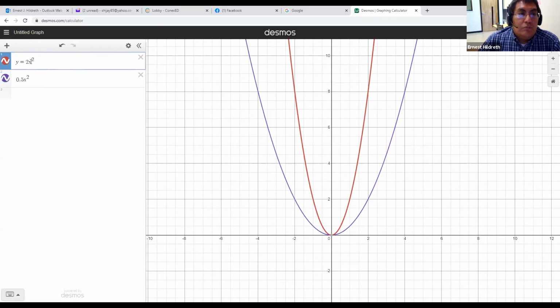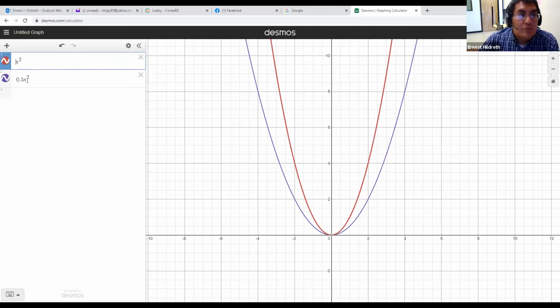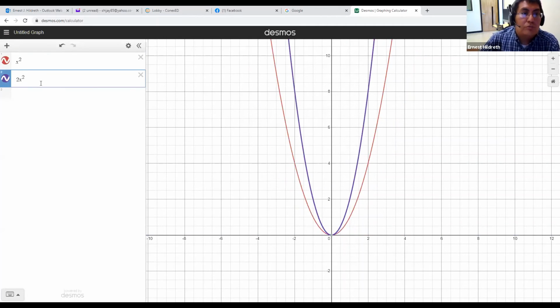Okay, so we'll have the original, x squared, and then we'll do 2 for the next, and to shrink.